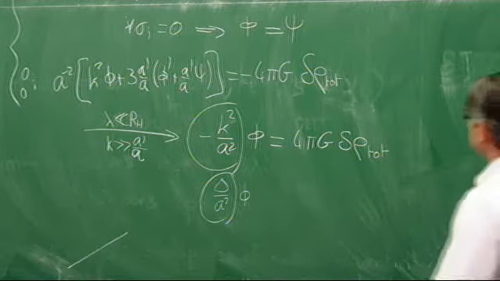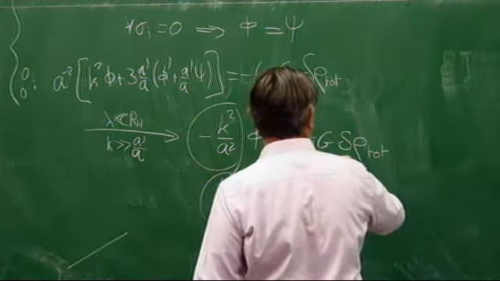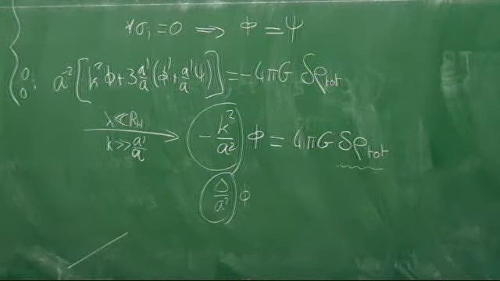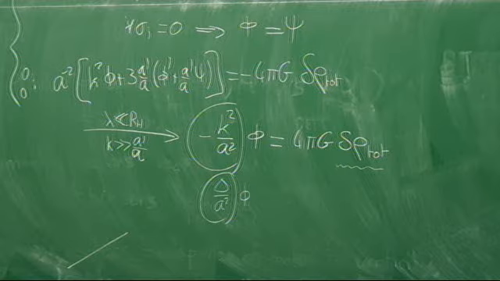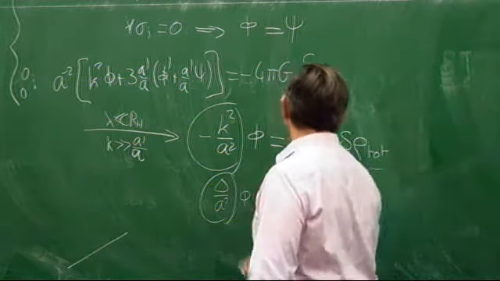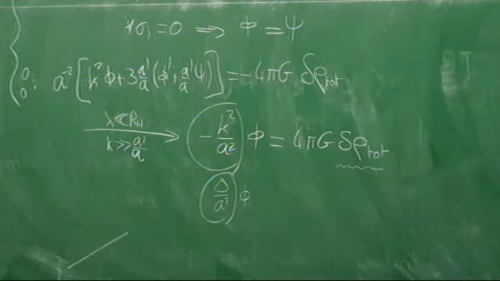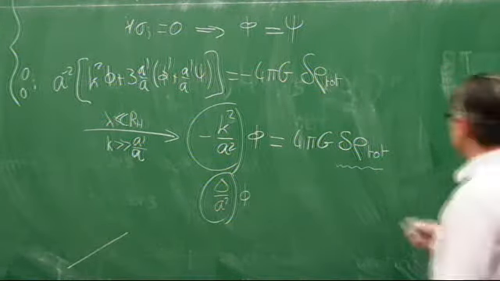The other difference is that you don't have a total density, but its perturbation here. But that's obvious. In a universe which would be unperturbed, there would be no gravitational forces. It would be all homogeneous. There would be no forces, no fluctuation of the gravitational potential. You need to depart from rho bar in order to generate forces, and this is why it's only delta rho which appears here.